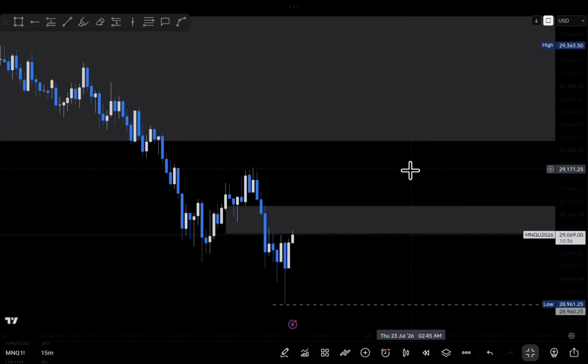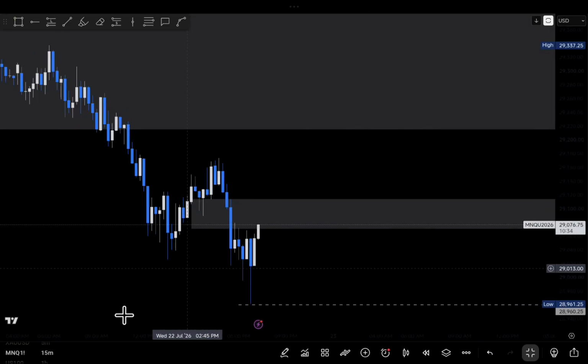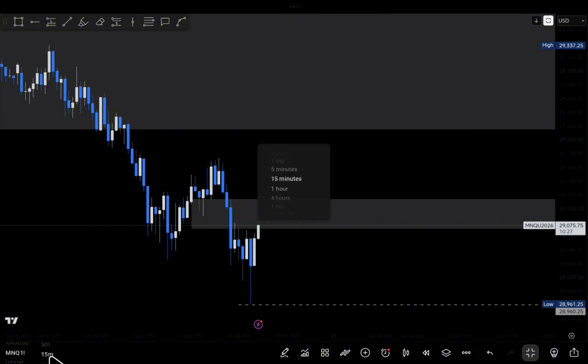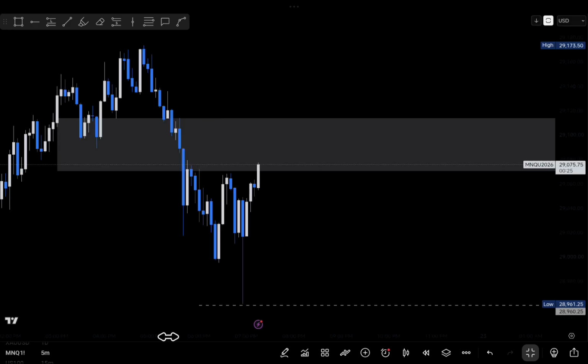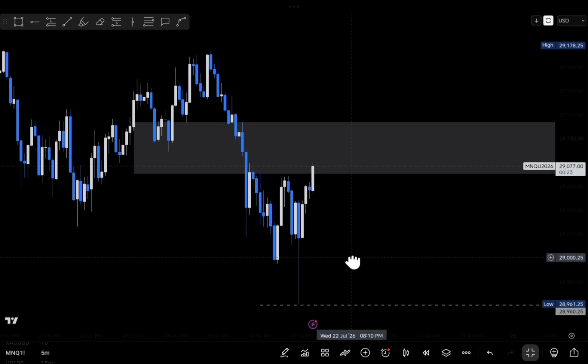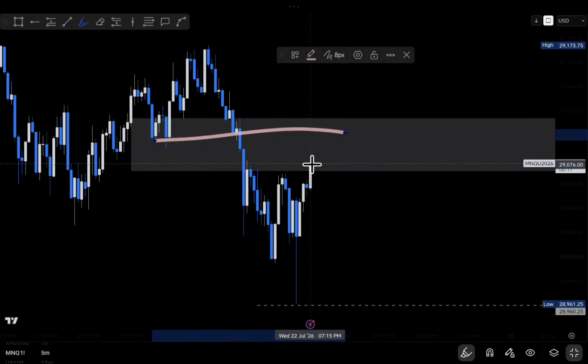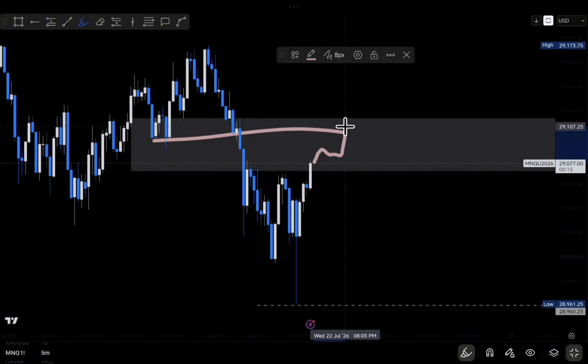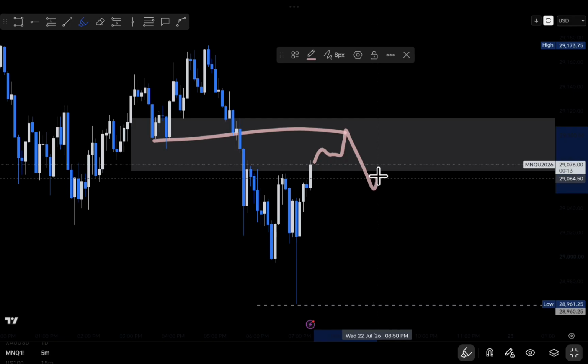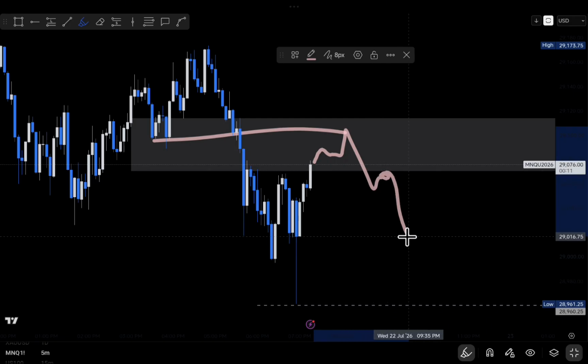But still, since the high time frame is bearish, I would like to look for any type of liquidity or manipulation and then market structure shift toward bearishness as I have marked before. So first of all, what I want to see is price moving to this area, which is very highly likely, and then reacting bearish. That is where I would like to move to a lower time frame and get any type of confirmation from there on.